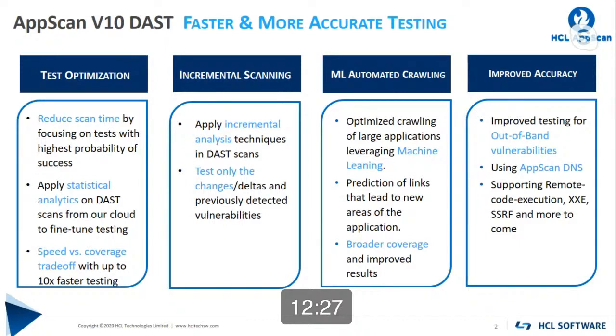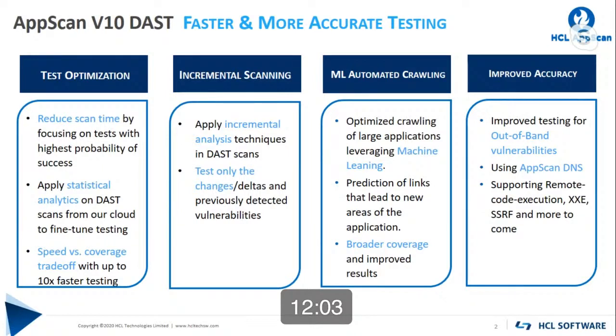The test optimization. This capability, I will also demo it, so stay tuned. The goal, as I mentioned, is to reduce the scan time and make the scans much faster. We hear it a lot from customers. They want to do frequent DAST scanning, and they want the scans to be much faster.